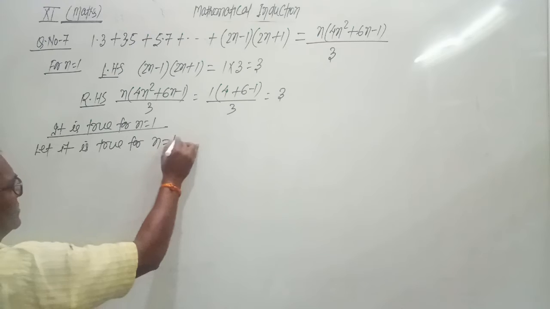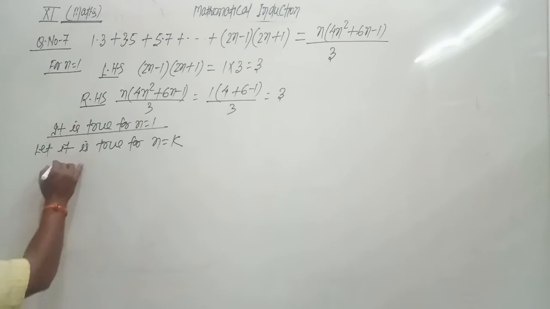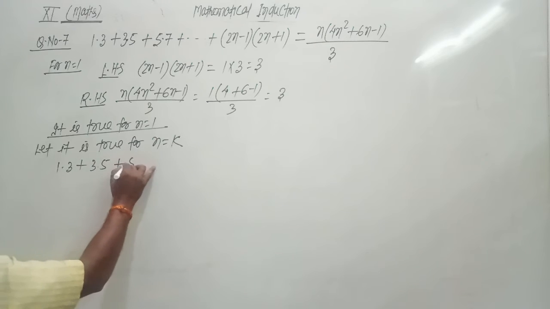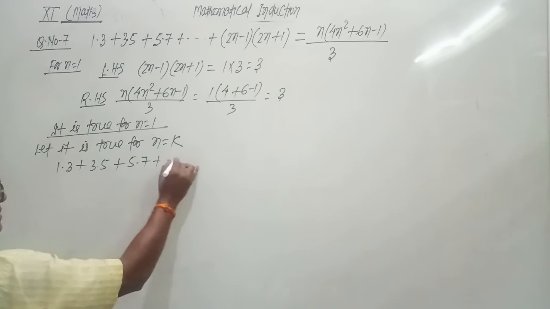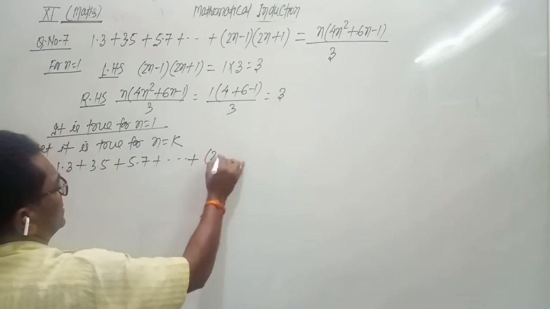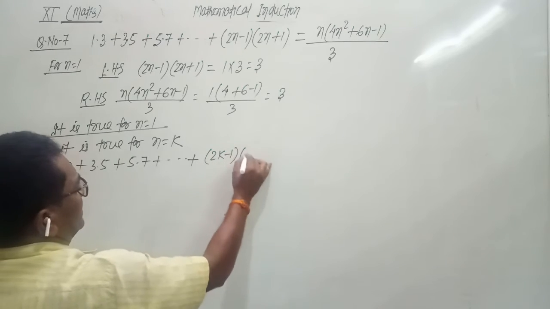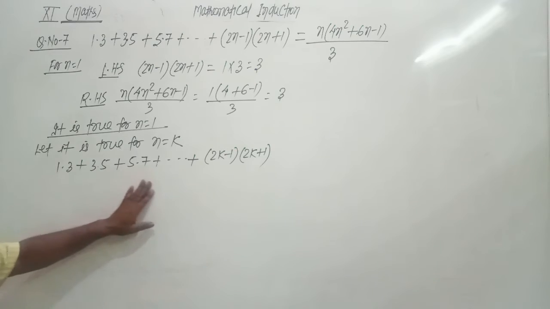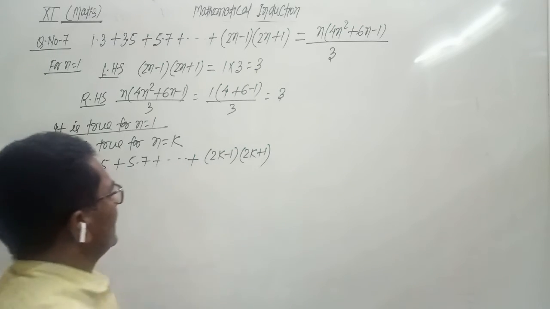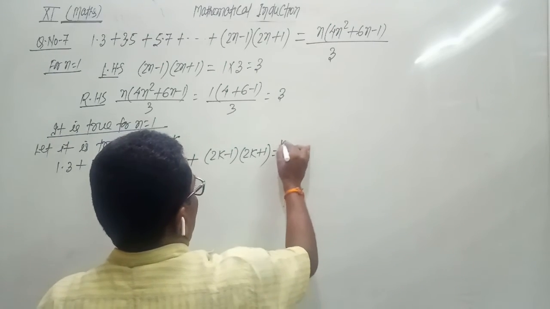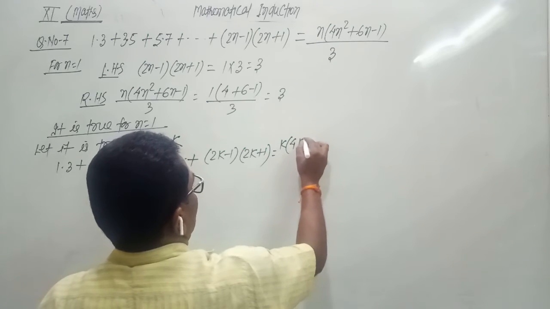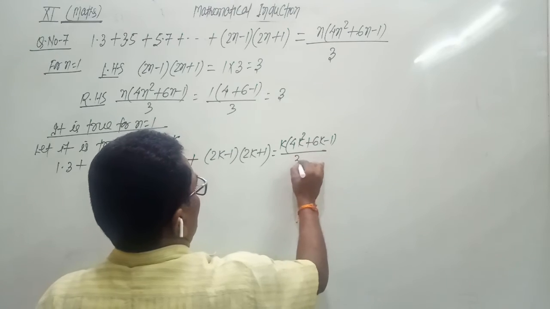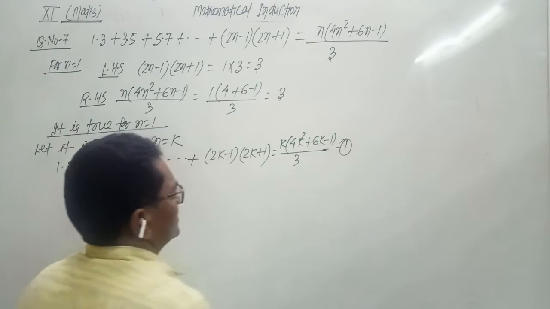Now we suppose that let it is true for n equals to k. So 1 into 3 plus 3 into 5 plus 5 into 7 plus dash dash 2k minus 1 into 2k plus 1, at the place of n we have substituted k, equals to k into 4k square plus 6k minus 1 upon 3, and name it first equation.